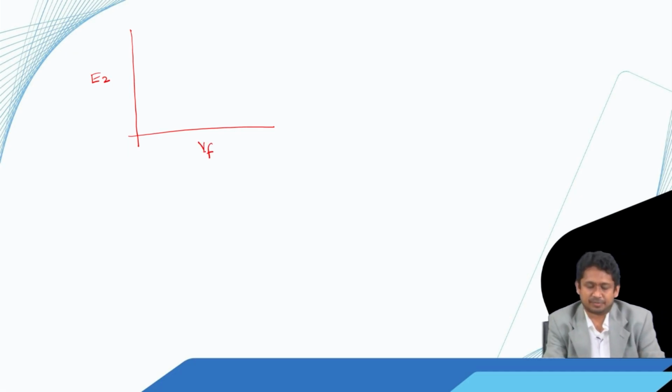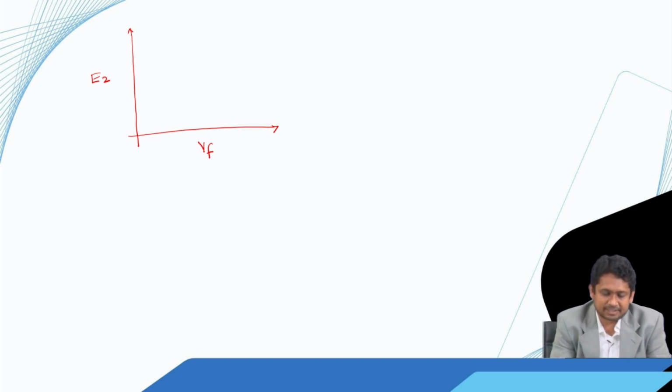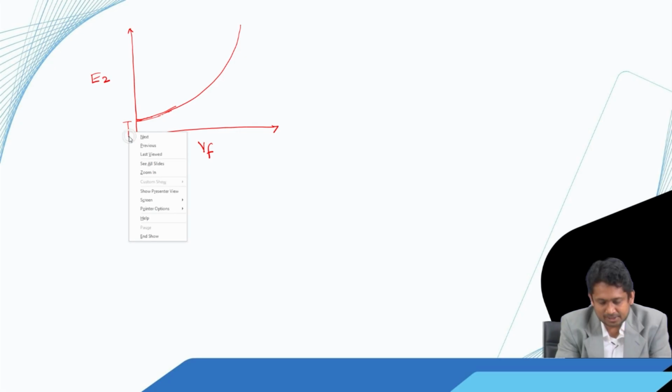Now, before we move on, let us just plot the variation of E 2 with V f, like what we did for the longitudinal case. Here their reciprocals maintain a linear relationship, so the actual terms maintain a relationship like this.